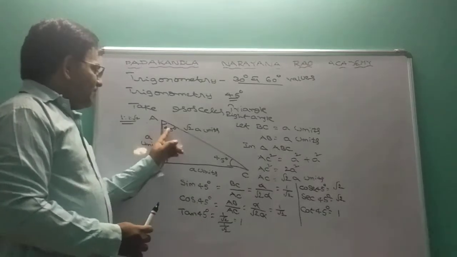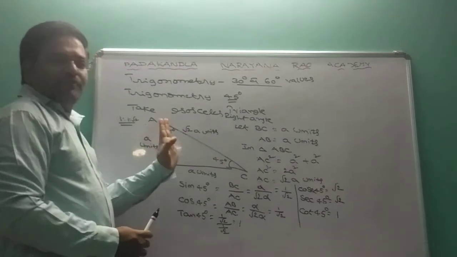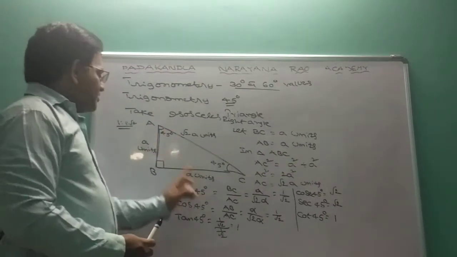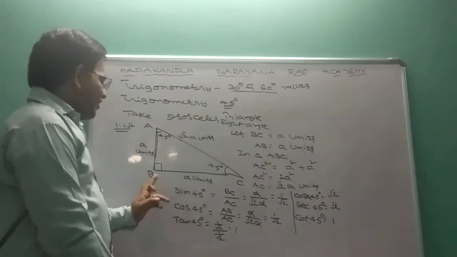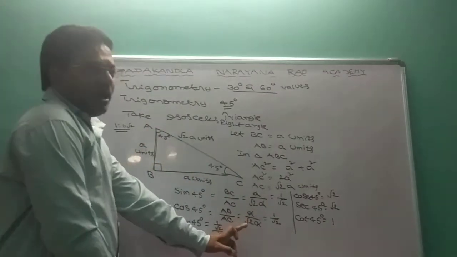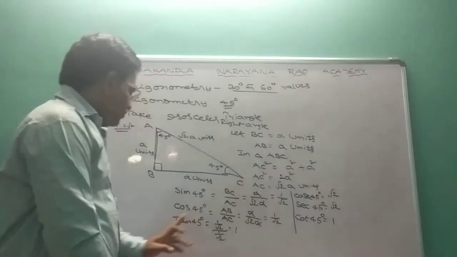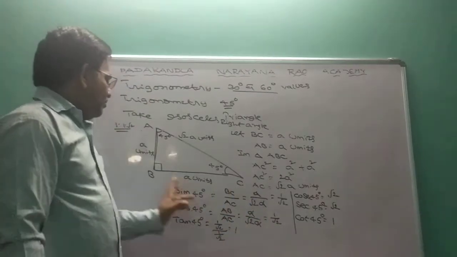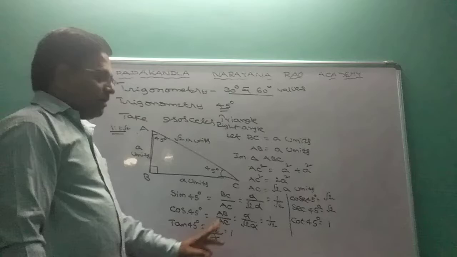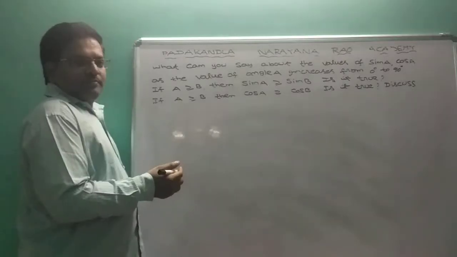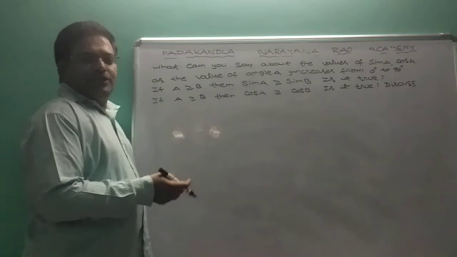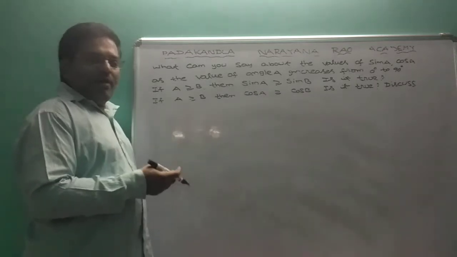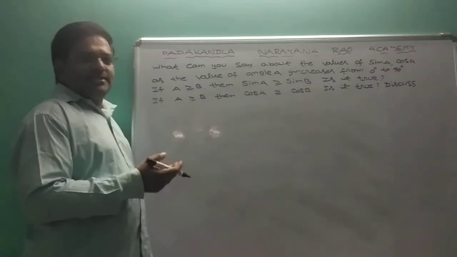Sin 45 means either this 45 or this 45, opposite side by hypotenuse, A by root 2A. Cos 45 is adjacent side by hypotenuse, same 1 by root 2. Tan 45 is A by A, that equals 1. Already you know the values sin 0, sin 30, sin 45, sin 60, sin 90.